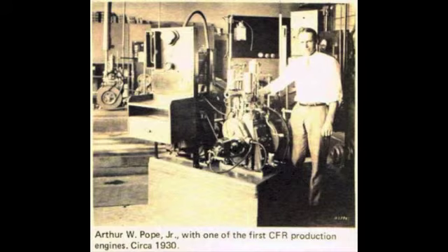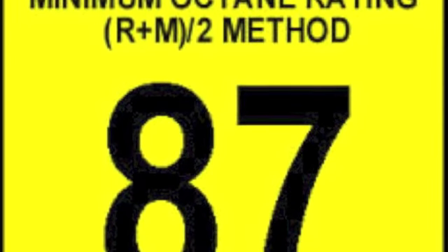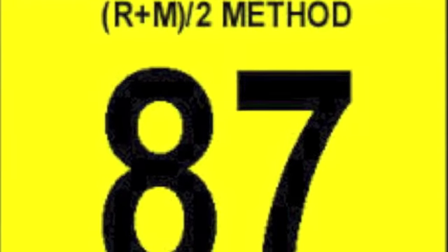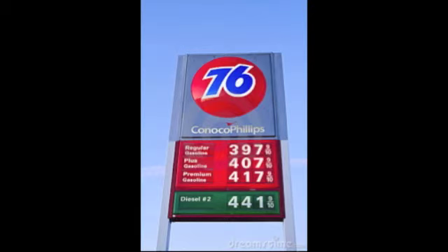Normally, fuel specifications require both a minimum RON and a minimum MON. These methods have been used for over 80 years. The number you see on our pump measures the average of the RON and MON that were tested.